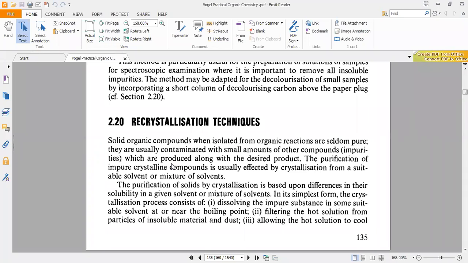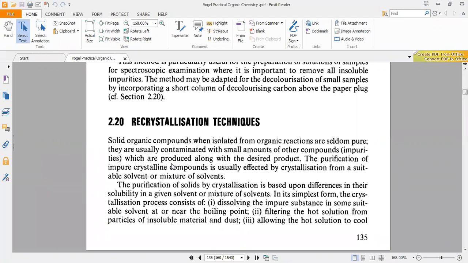So for crystallization, whenever a lattice of crystals is forming, it doesn't let impurity settle in it. This is the unique feature: crystalline compounds are in a good pure state.